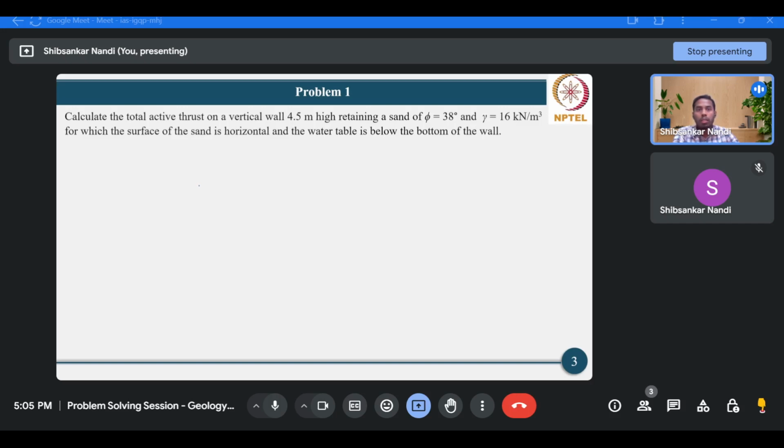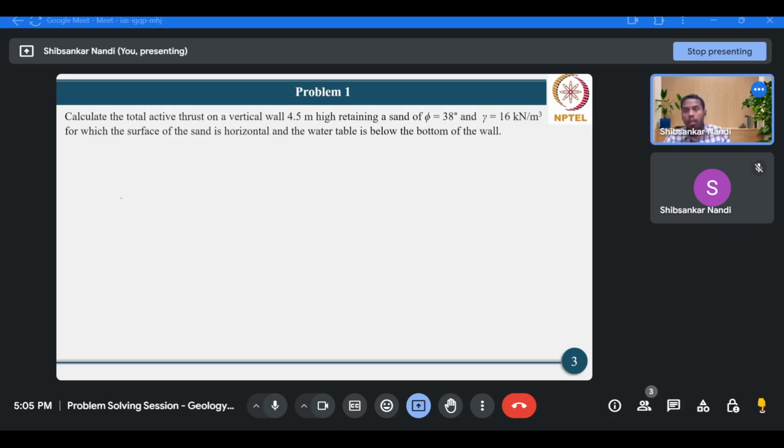This retained sand has a horizontal top surface, and the water table is far below the bottom of the wall. So this is the field condition for which we have to determine the total active thrust on the vertical wall.